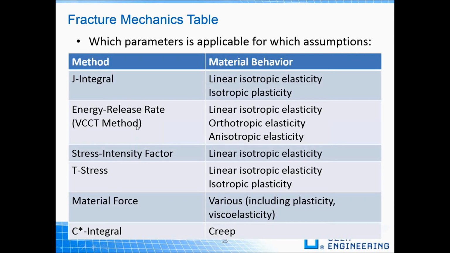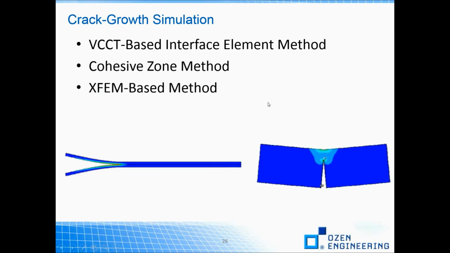That's one limitation. And also in terms of material behavior, one has to use linear isotropic, orthotropic, and anisotropic elasticity only. But with the J integral, for example, designers can analyze for both elasticity and plasticity cases.